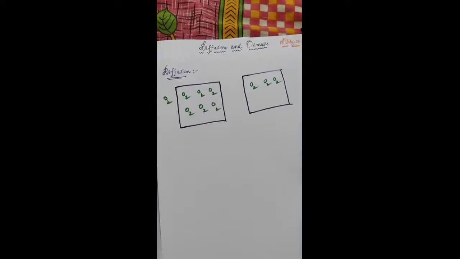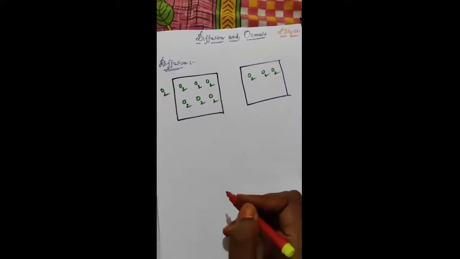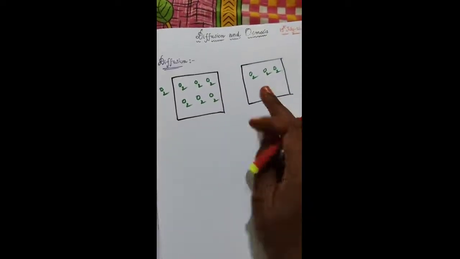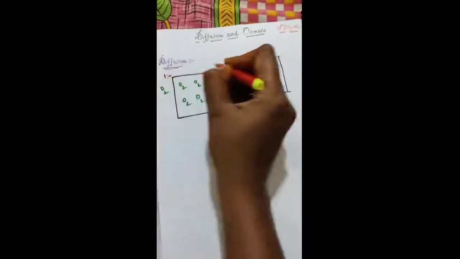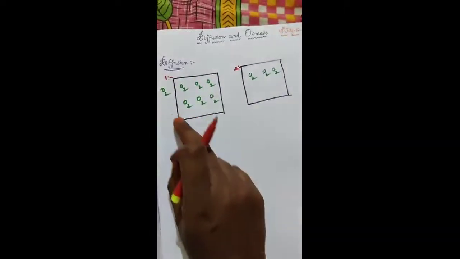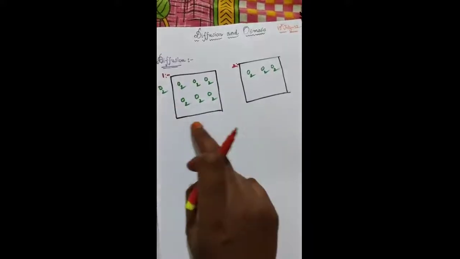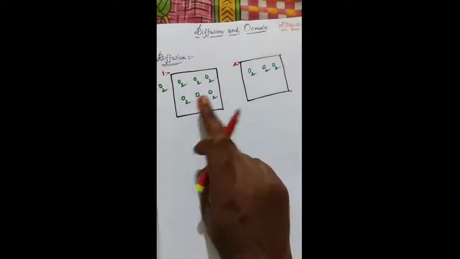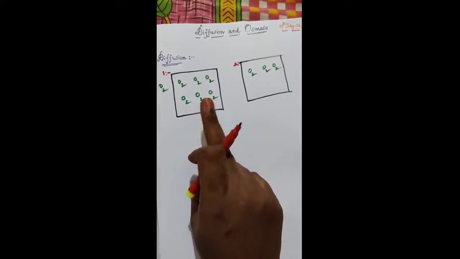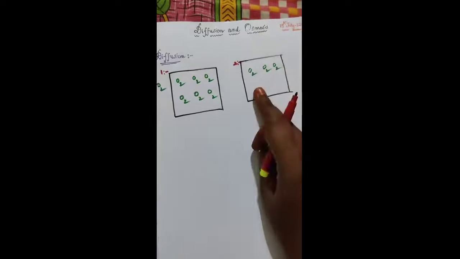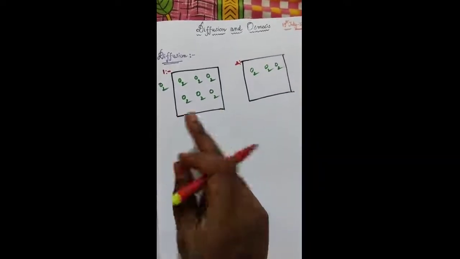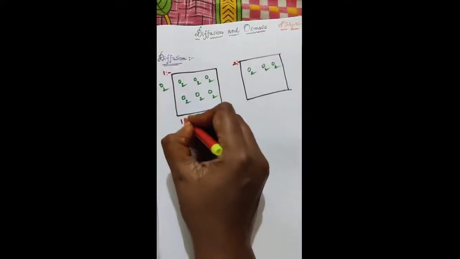So what happens to these O2 molecules? When you compare case 1 to case 2, here the oxygen molecules are more. How many molecules of oxygen are there? 6 molecules. Here how many are there? Only 3 molecules. So we can say here the oxygen molecules are high in number.